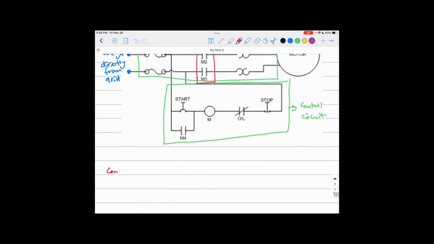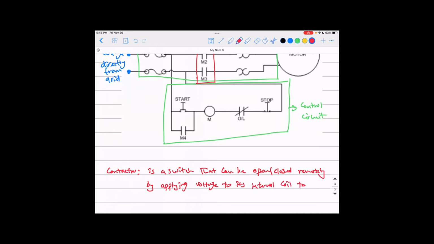So the contactor is a switch that can be opened or closed remotely by applying voltage to its internal coil to act as a magnet and close the points.